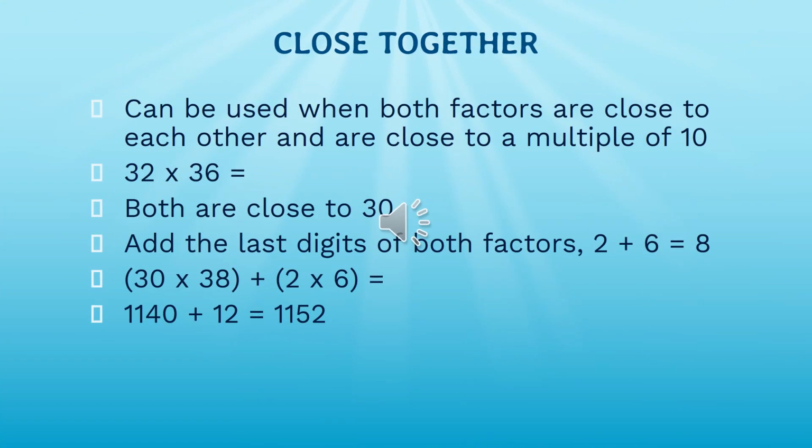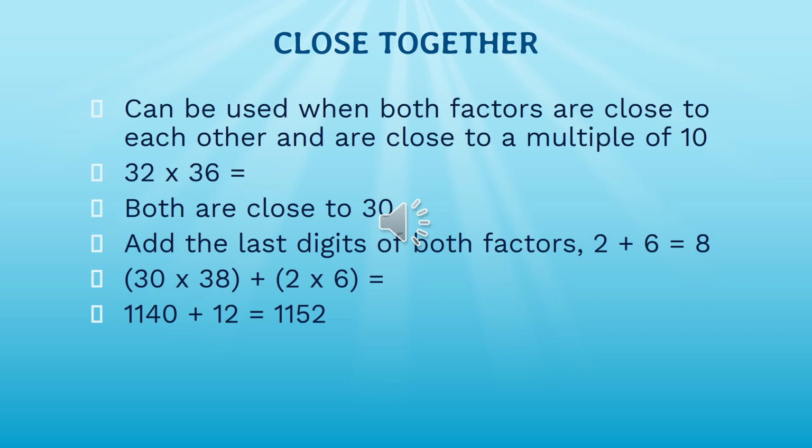Now the last but not the least technique is the close together technique, and this is one of my favorite techniques in mental multiplication. However, this is a bit limited because this can only be used when the factors involved are close to a multiple of 10, or close to the same multiple of 10.